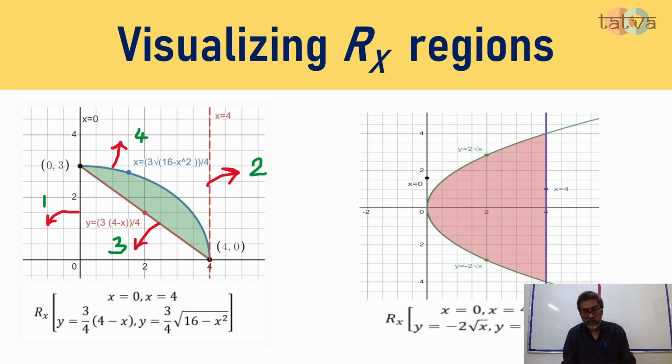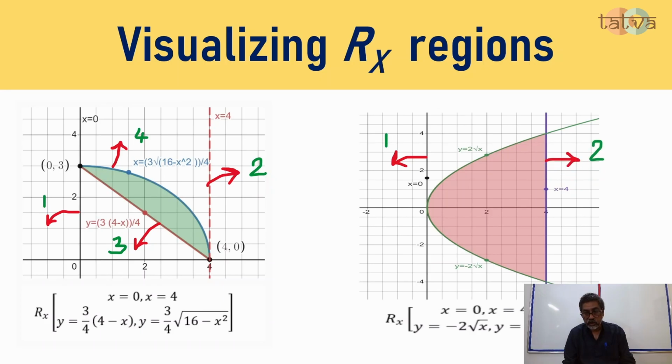A little bit of complexity here. I have got a region trapped between a parabola and the straight line x is equal to 4. And then you can see the region is trapped between that line, which is x is equal to 0, and that line, which is x is equal to 4.